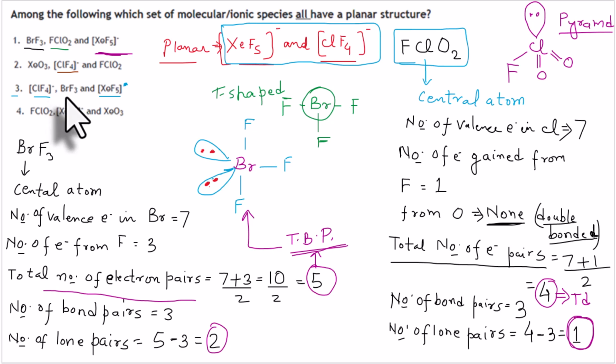But actually this question does not contain those options which give all the 3 species purely planar. Only option 3 contains 2 species, ClF4 minus and XeF5 minus, which are planar. And that is why in the answer key it is given that any of these can be correct. That means the question itself has some kind of error, incorrectness.